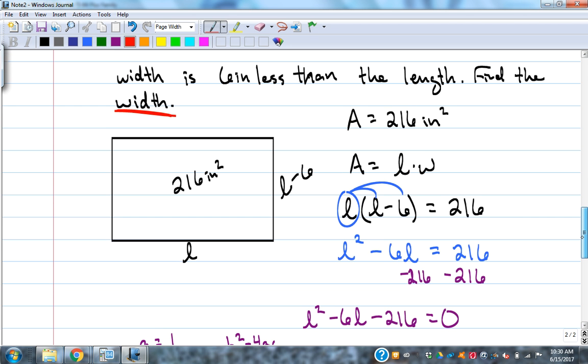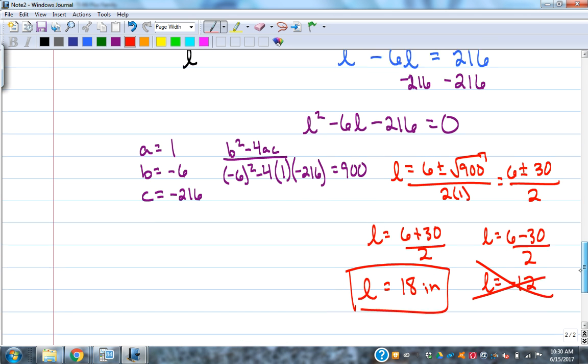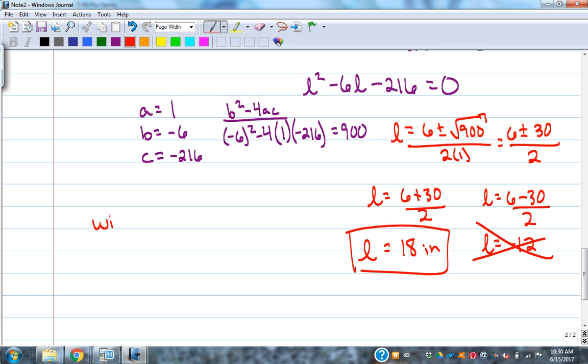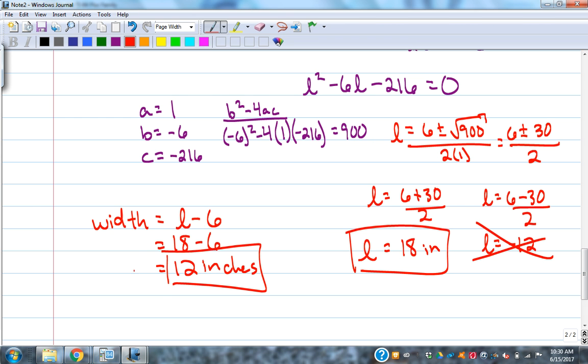We didn't find the width. We found the length. The width would be length minus 6. So 18 minus 6 is 12. Positive 12 inches. There is our width that they asked us for.